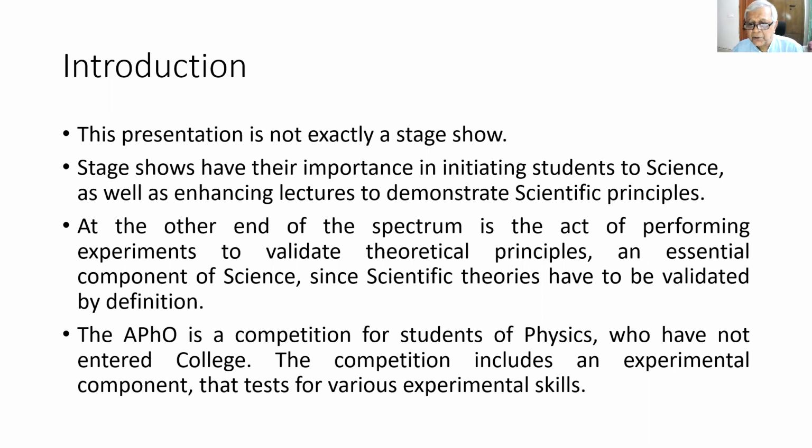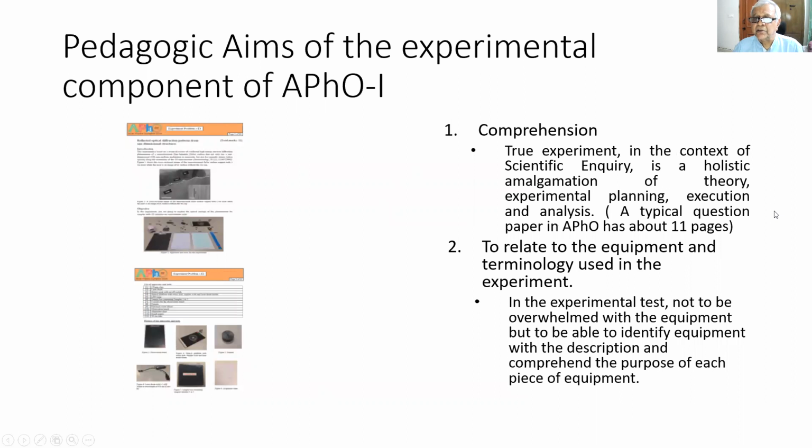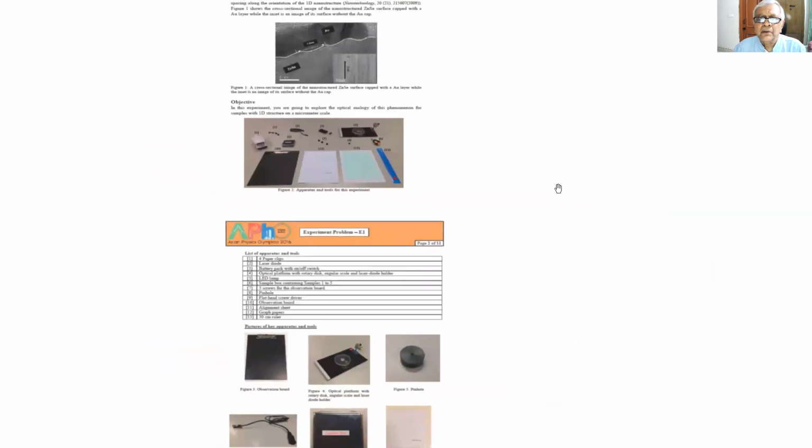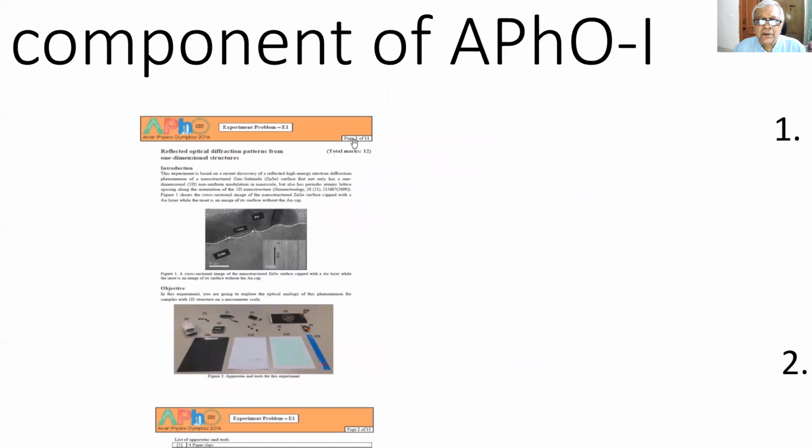The competition includes an experimental component that tests for various experimental skills. And the various experimental skills that I'm going to talk about, which are tested by a typical APhO experiment, is first comprehension. You can see that the question paper itself is 11 pages long.